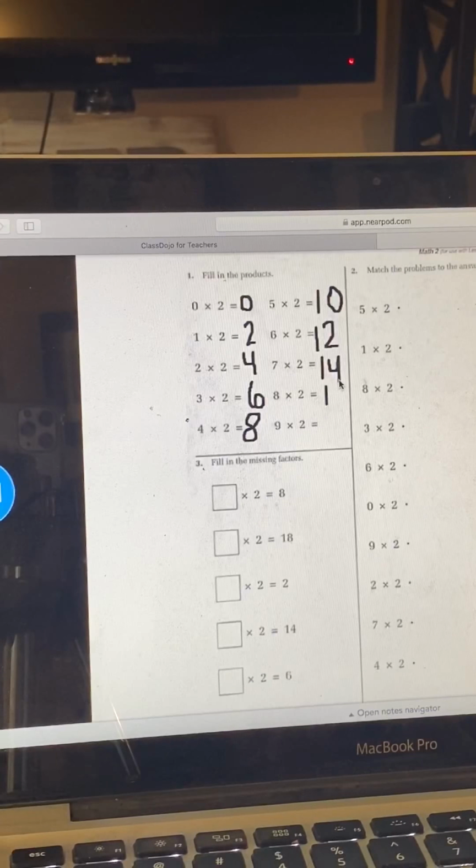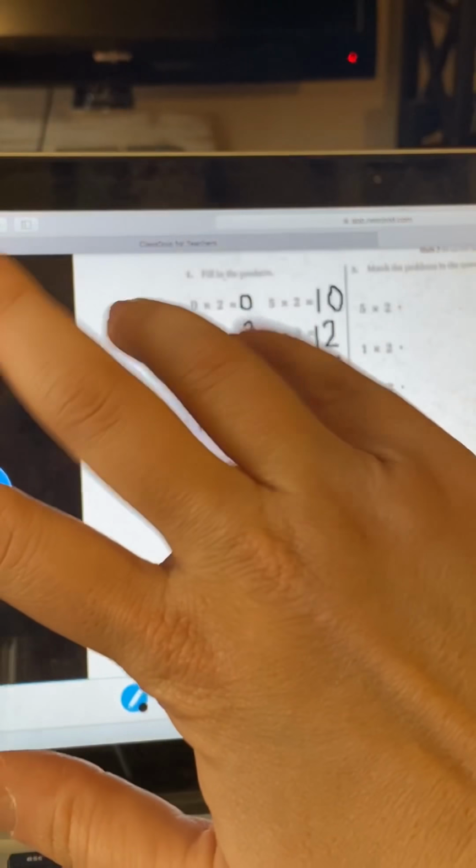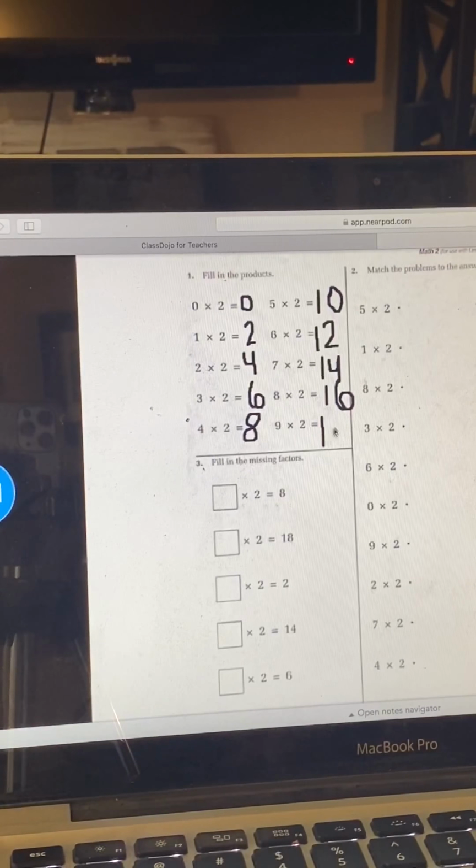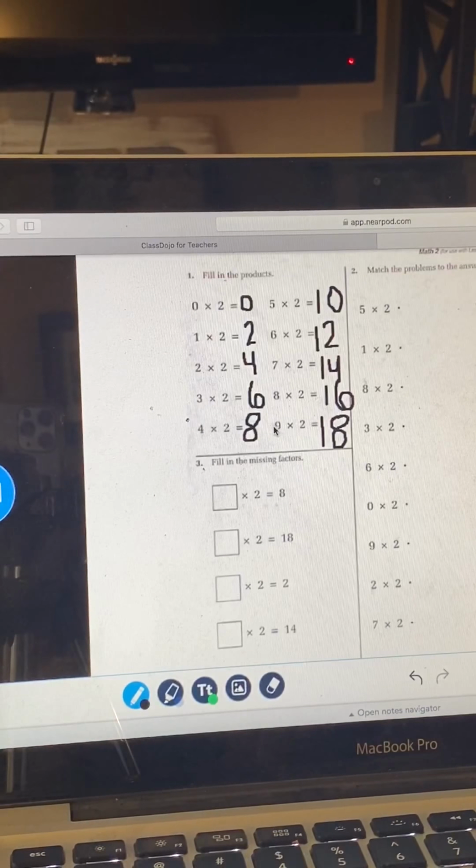So counting by 2s is really doubles facts as well. So if you don't want to count by 2s this way in your groups of 2s, you can remember your doubles facts. So like what's 9 plus 9? 18. But this only works with times 2s because times 2 is that number twice. So that's like a doubles fact, right? Because I'm doing 2 9s together. What's 9 plus 9? 18.